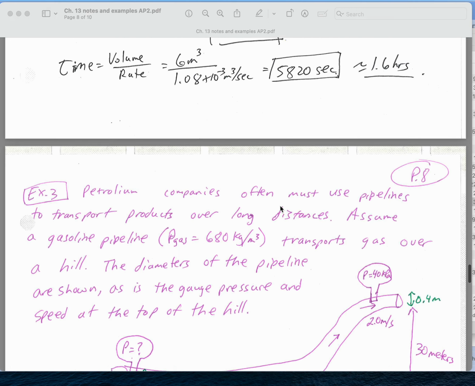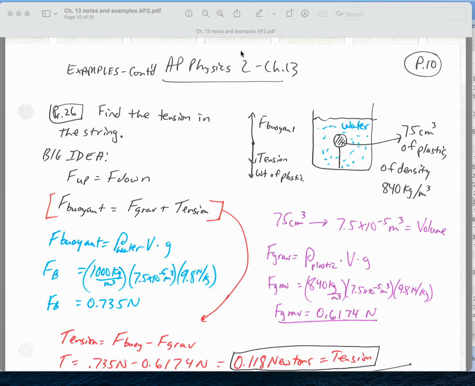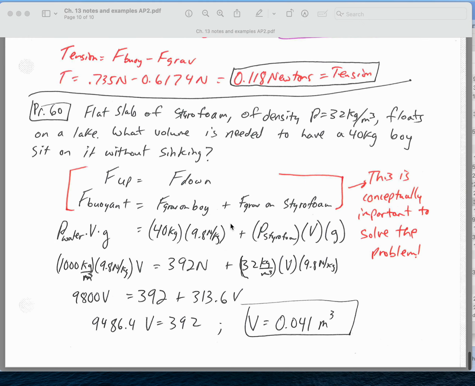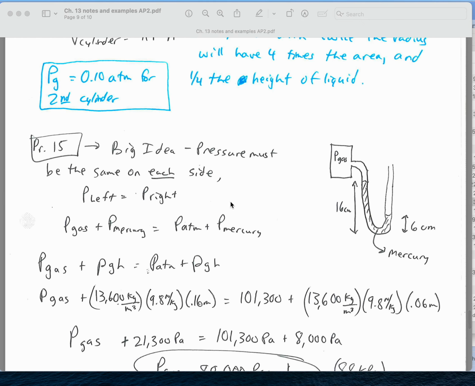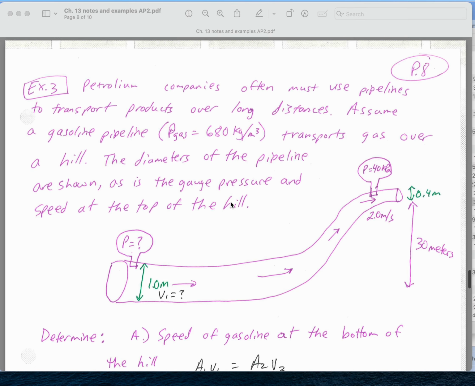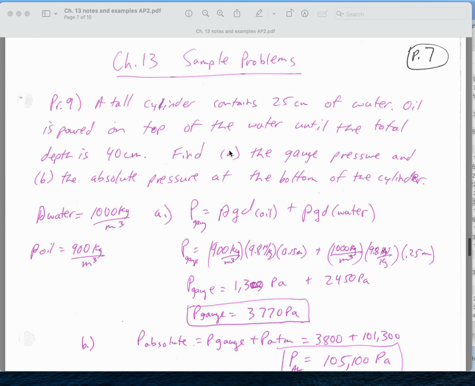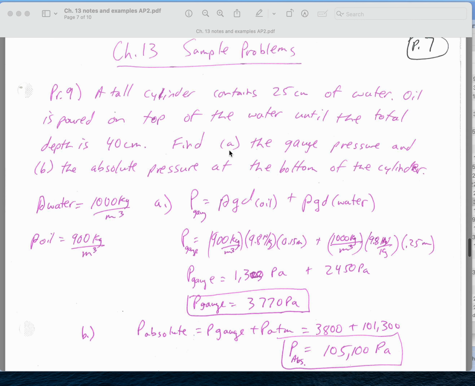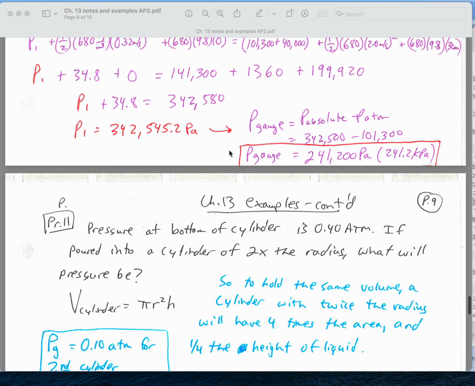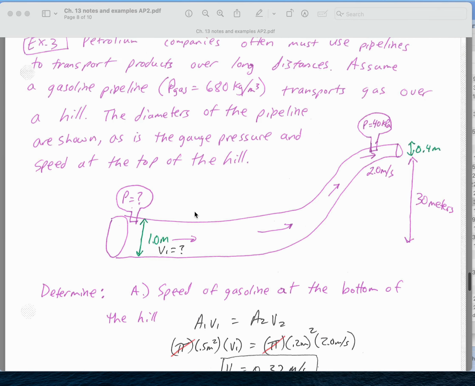These are in the back of your book, and I think I'll probably go through problem 9, problem 34, example 3, and then problem 26.